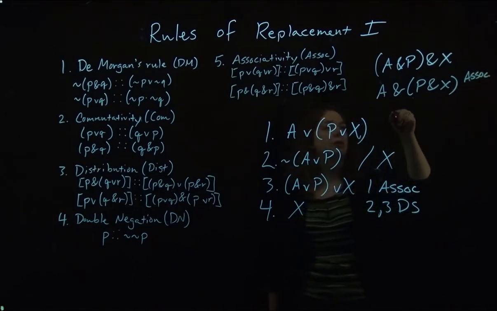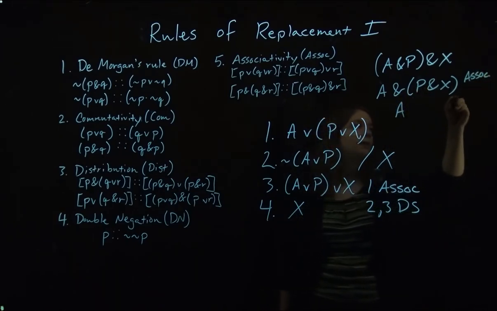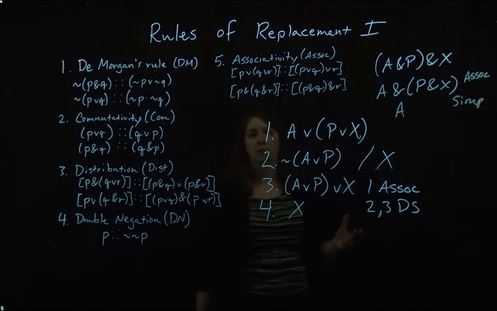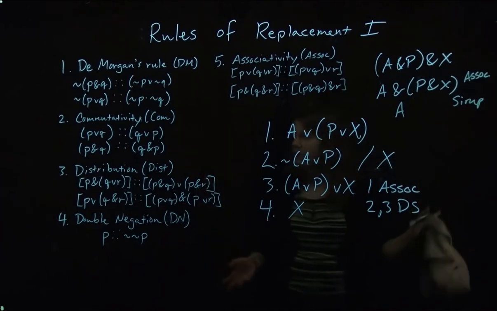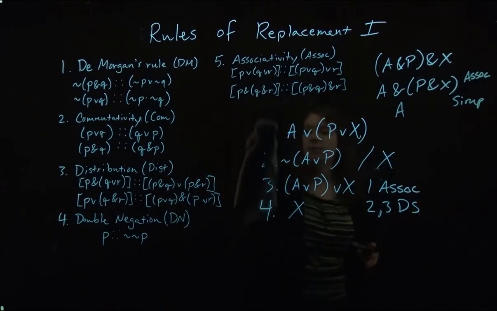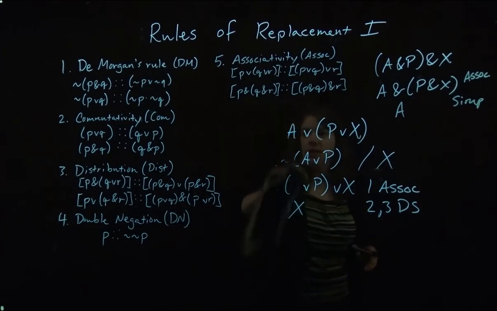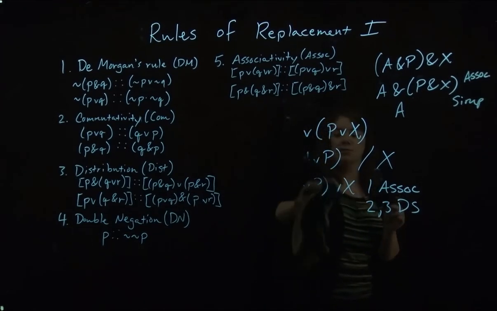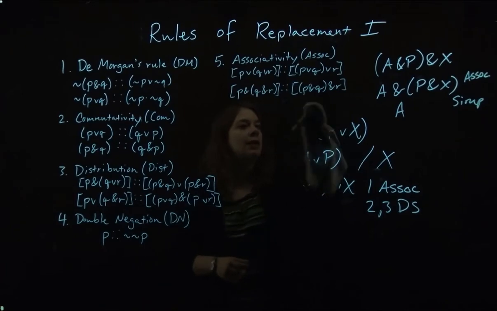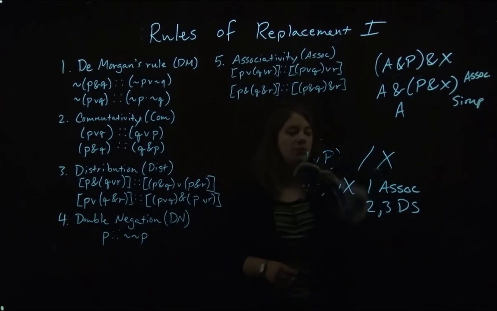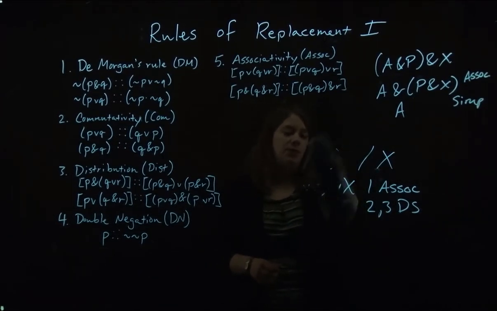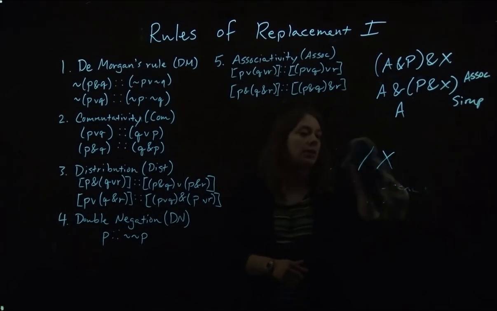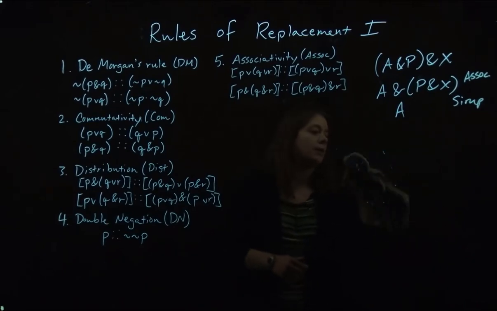And then you could simplify out A. Okay? Right, and get your A out. So again, a lot of these rules are very useful when you're trying to get something, but you can't really figure out how to get your conclusion out of certain premises. It's very helpful to use these rules because they can get you to where you need to go quicker. Okay.